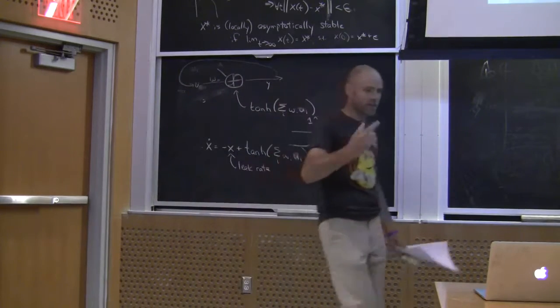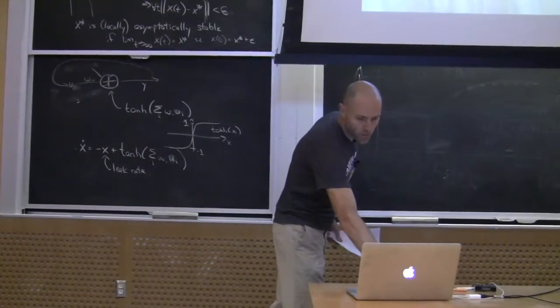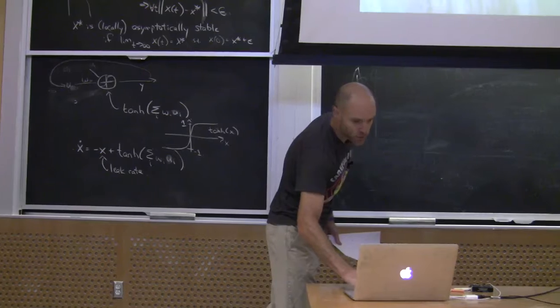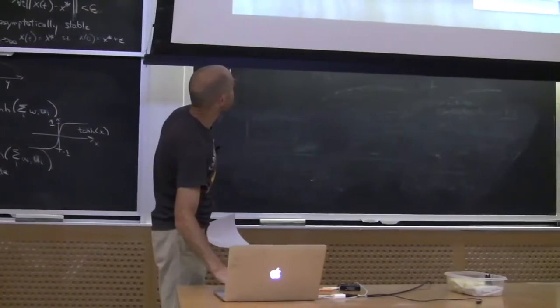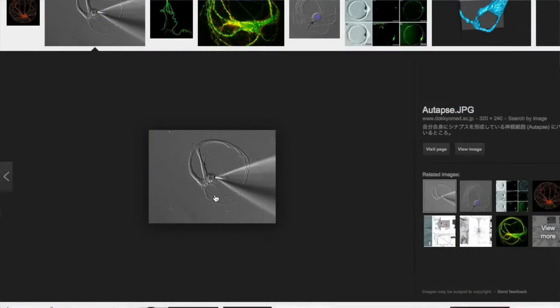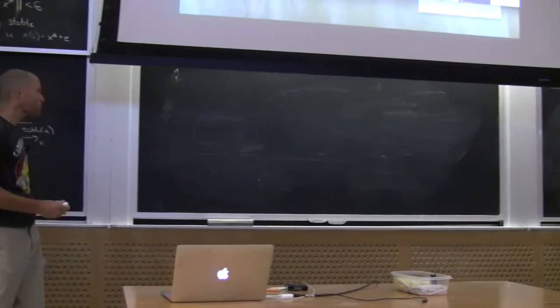They're called self-connecting networks. I just Googled autapse, and here's an example: an electrode coming down, a glass pipette with an electrode in it coming down from the side. That's the blurry thing, a single neuron in a dish that, because it doesn't have any friends, is connected to itself and just stimulating itself. It's called an autapse.